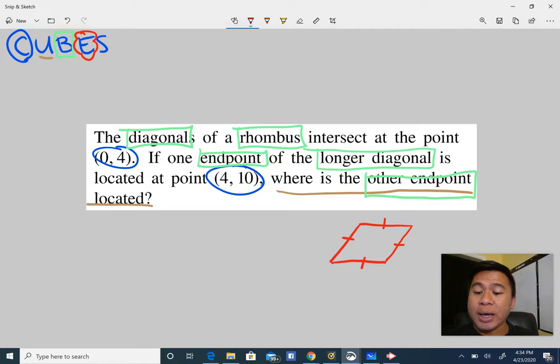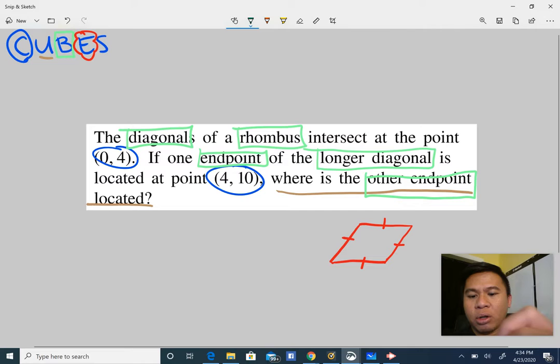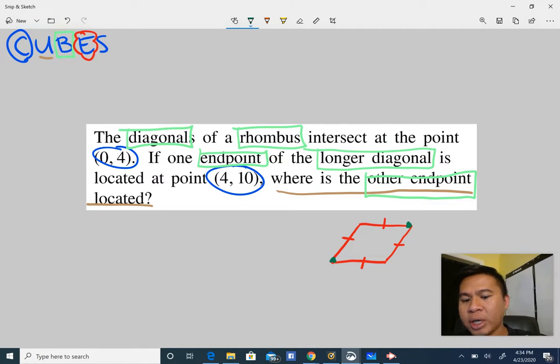That means all sides are having the same distance or side length. Now it says there's a diagonal in here, and we consider the longer diagonal. Let's use a different color for it. So let this be the longer diagonal in here. And let this be the shorter diagonal in here.